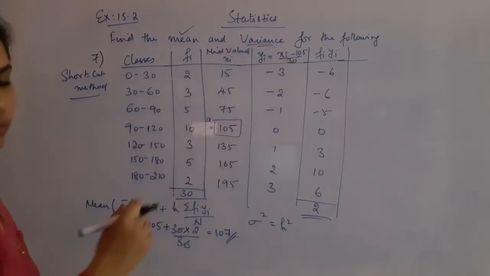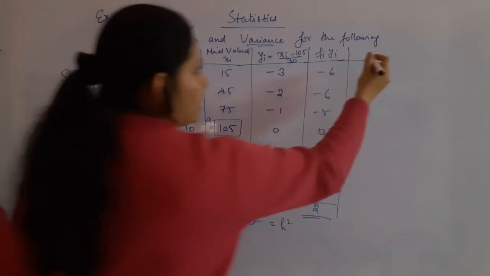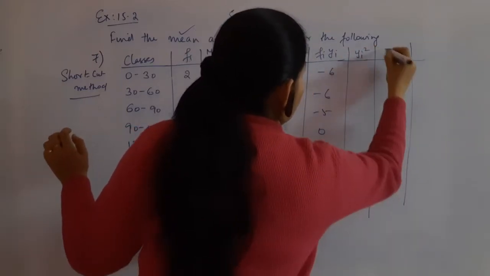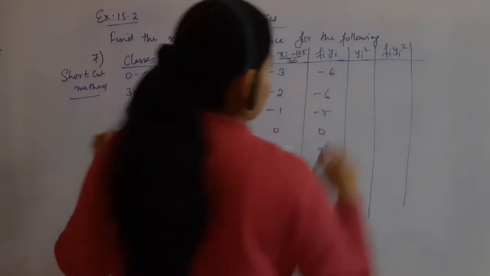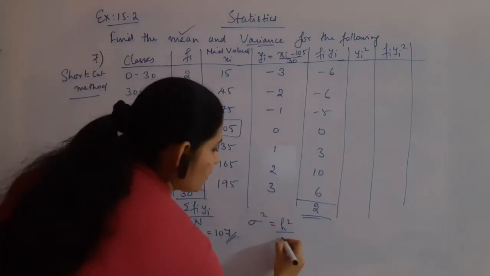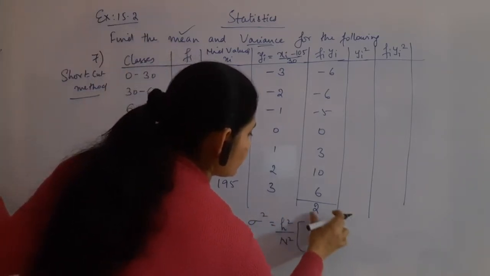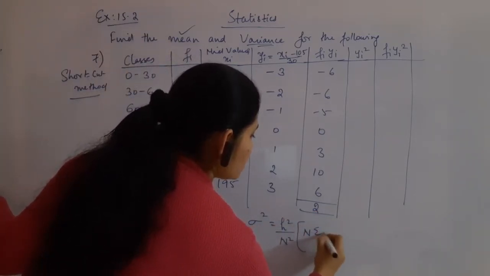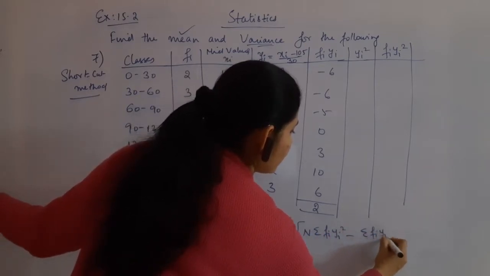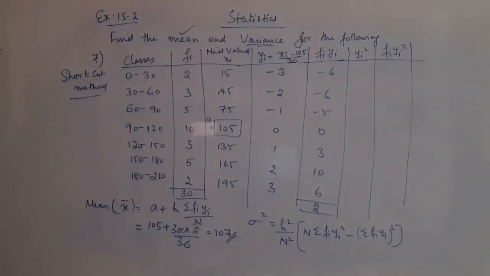So here you need one more column, which is fi yi square. First we will find yi square and fi yi square. These are the two extra columns for your variance. The formula will become h square by n square into n into sigma fi yi square minus sigma fi yi the whole square. This is the formula for your variance.